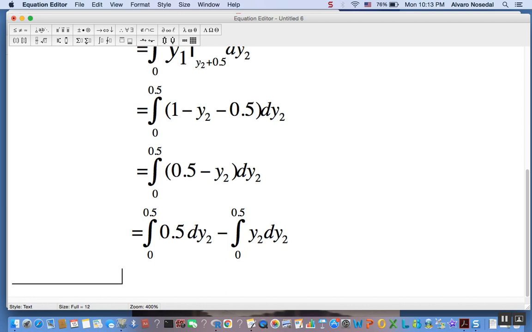Those two integrals are easy. This would be just y2, evaluated at 0.5 minus the evaluation at 0.